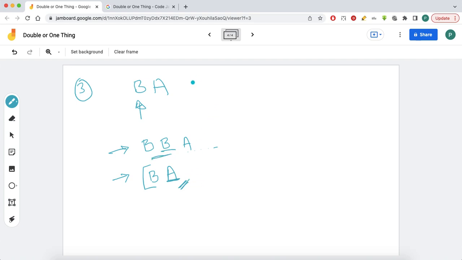So in this observation we see that if the character at position I is greater than the character at the next position, then we do not repeat. This is the third observation that we make. Now obviously for the next characters we can continue in the same fashion.